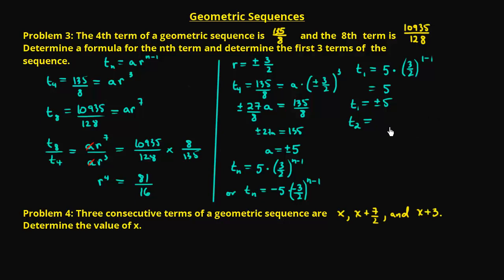We have that t sub 2 is equivalent to 5 times 3 halves to the power of 2 minus 1. And that's using the positive value for a and the positive value for the common ratio. So we have that t sub 2 is equal to 5 times 3 over 2 to the power of 1. 3 over 2 to the power of 1 is just 3 halves. So I get that t sub 2 is equal to 15 over 2.